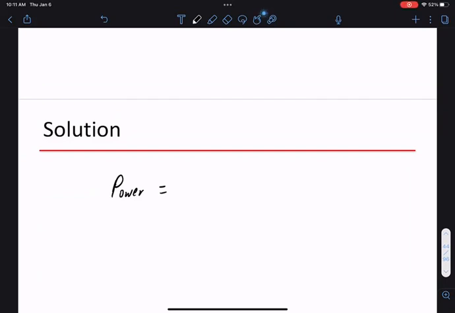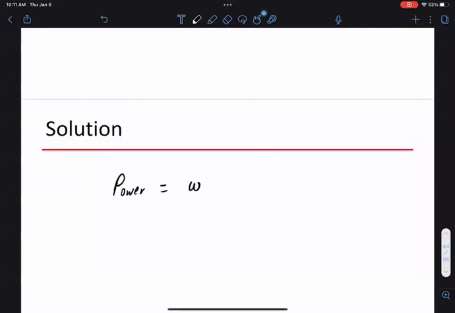Often the common mistake is that people will see, oh, 30 RPM, and think of that as a frequency. You really need to talk about the angular frequency, right? So I'm going to write down angular frequency times total torque. The angular frequency is in radians per second.